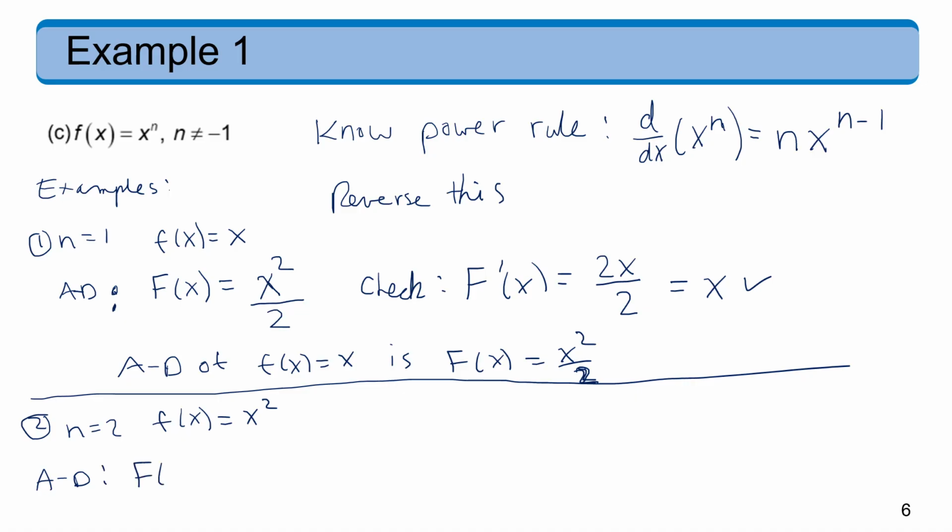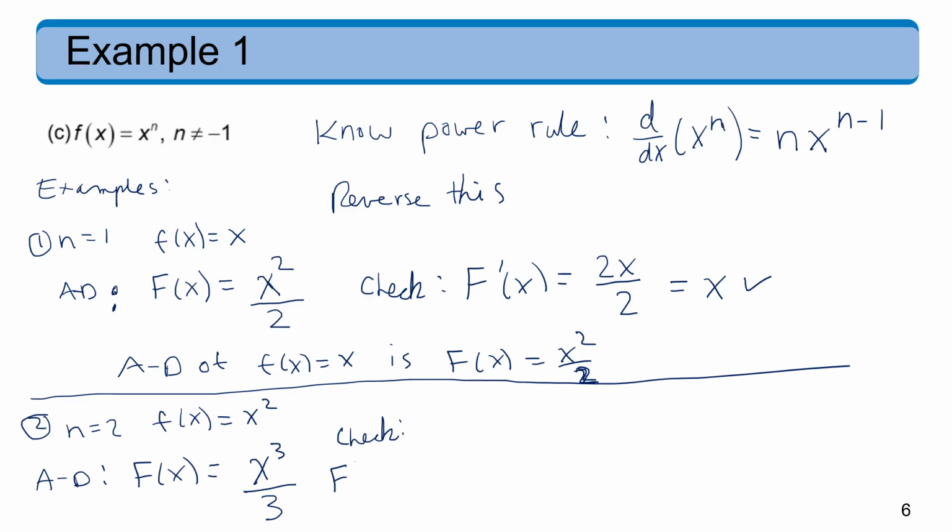So we'll call it capital F. Now, based on the example we did a minute ago, we need to increase the power by 1, so this needs to be x cubed. Now let's check. If we take the derivative here, using the power rule, we would get 3x squared. So the x squared is right, but we don't want that 3 out in front. So to fix it, we need to divide by 3. Now let's check.